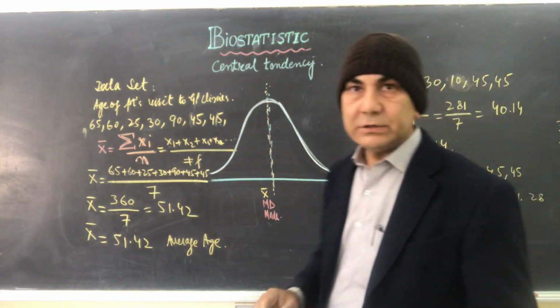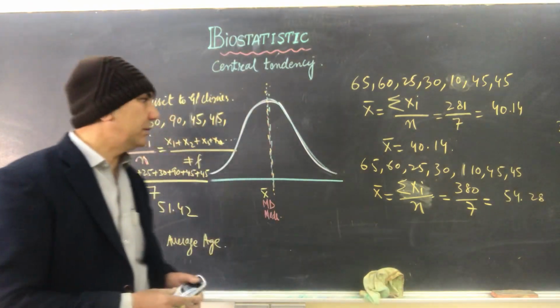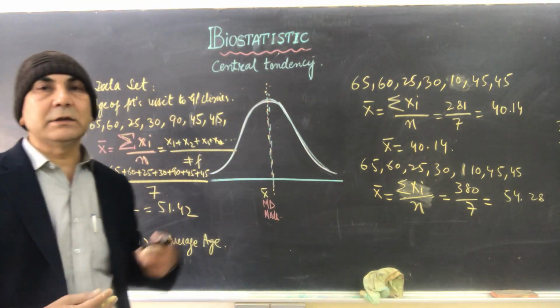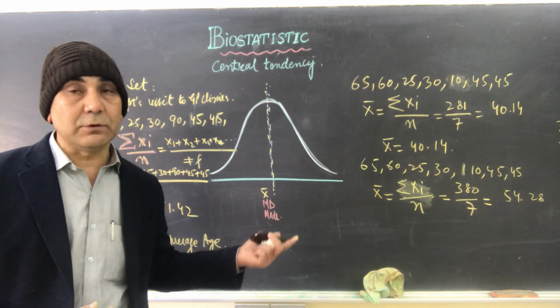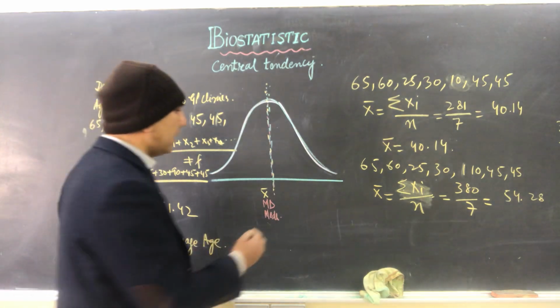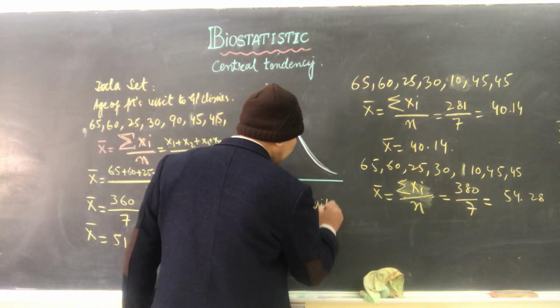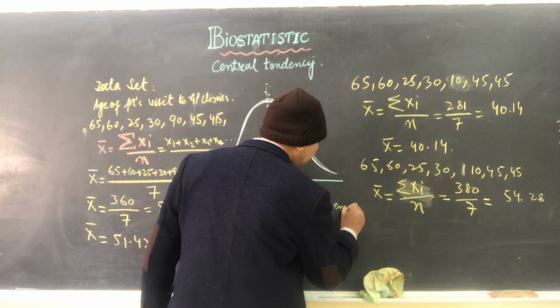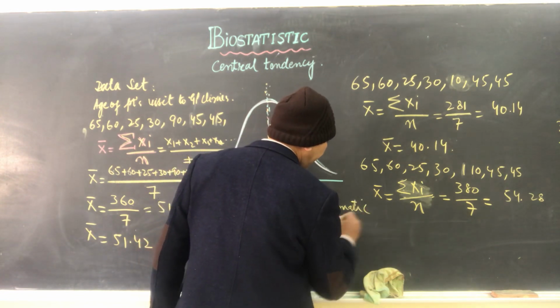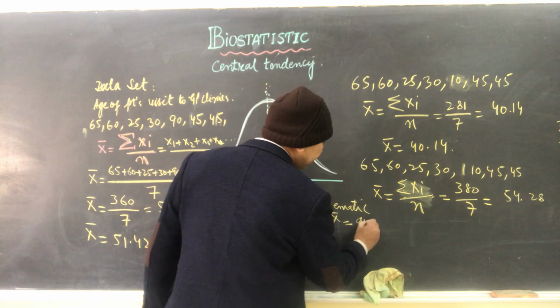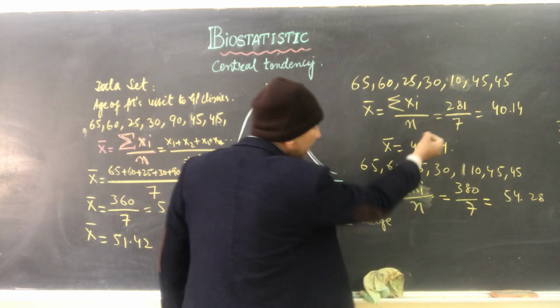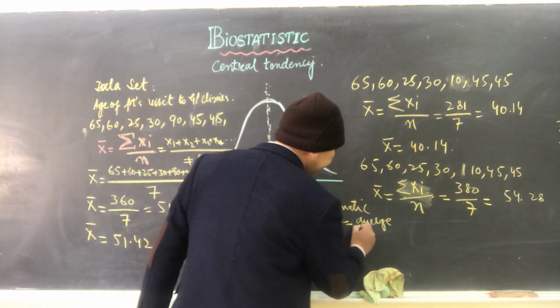So today we learned about the mean. There are 3 types of the mean. One is called the arithmetic mean, also called the average mean, which we calculated today.